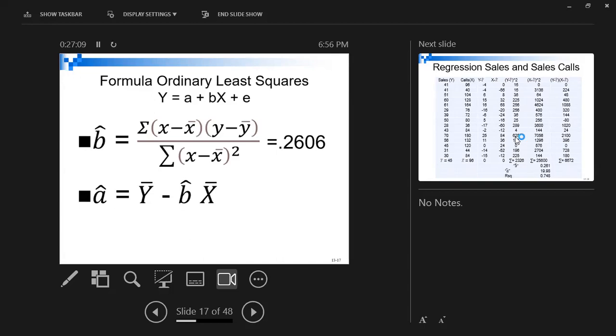Because each time X, which is the number of calls, goes up by 1, the salesperson sells 0.26 of a copier. So you need to make approximately 4 calls to be able to sell 1 copier. Get the idea? So this is what the estimate gives you.